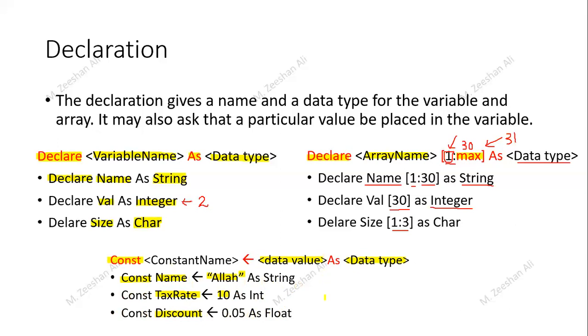So in my program, if I want to calculate the discount from the price, I will write discount is equal to price multiplied by 0.05. So it will give me 5% of that price. We will not be using that 0.05 in the formula. We will be using the name.